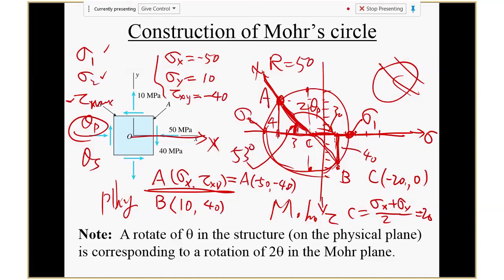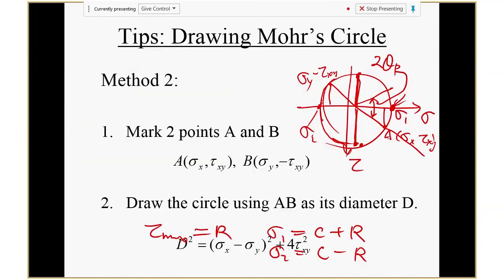Okay, now what's 2 theta p? It's 180 minus this 53. Now what's theta p? Divided by 2. All right. So using the Mohr circle really helps you determine the angle. If you're not sure, write down this value. Now go back to these equations.